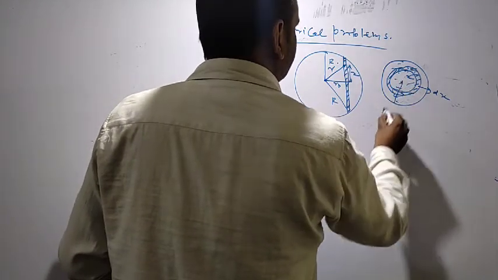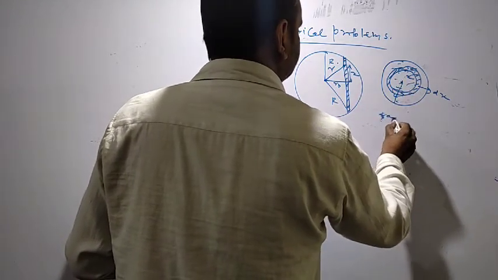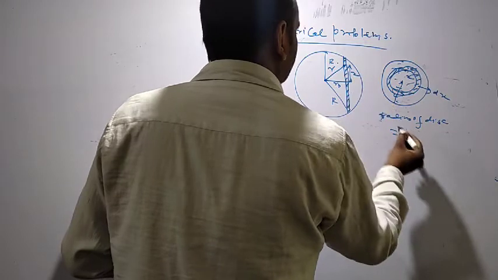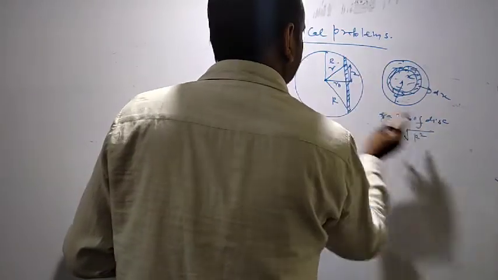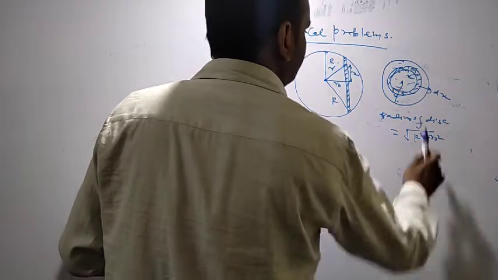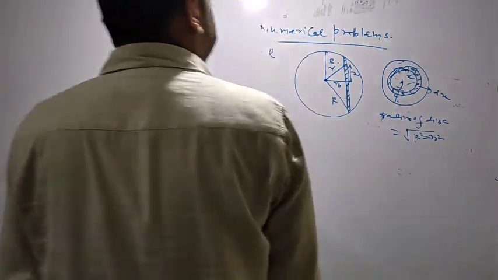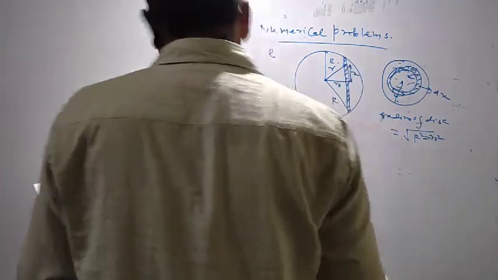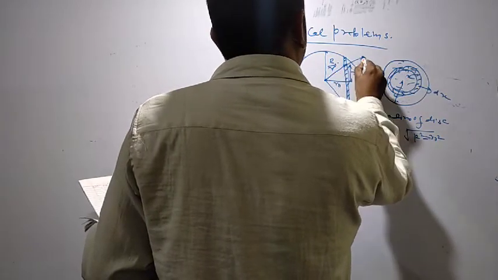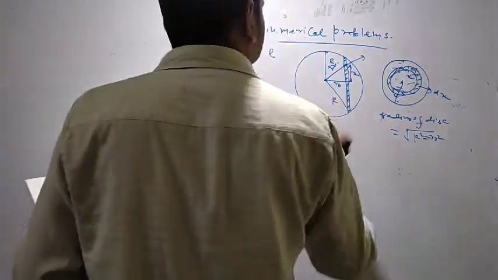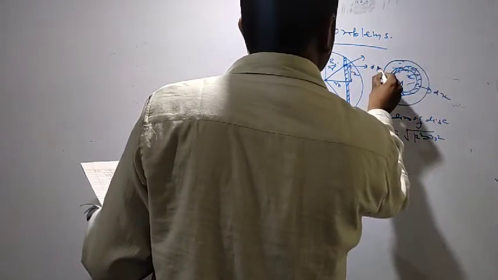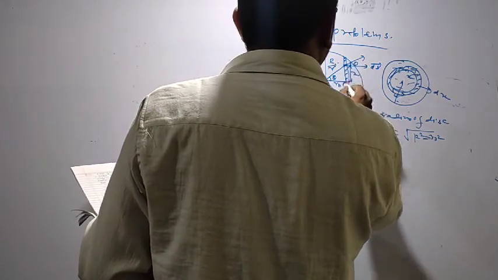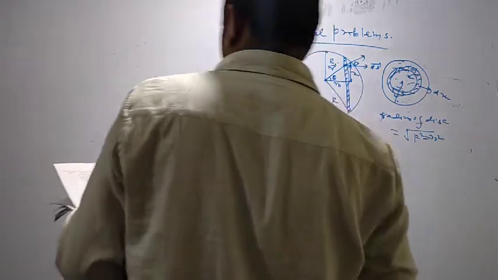What will be its radius? The radius of the disk is under root R square minus this R square, with a minus. The distance is x. What is the electric field here? The direction is this one, and this area vector is this, and this is theta, and this will also be theta.